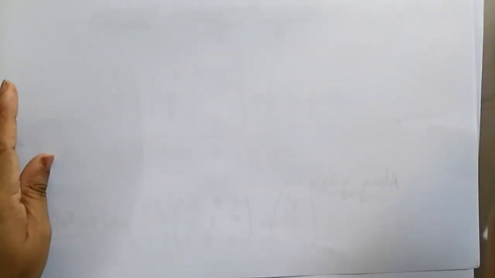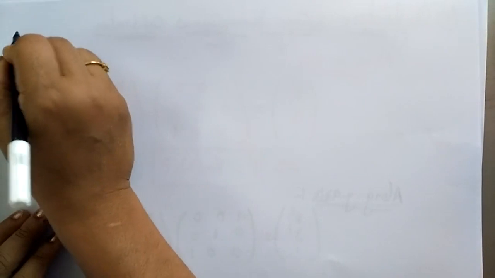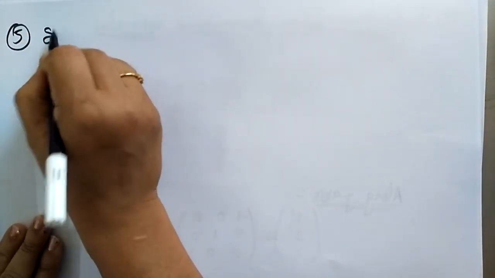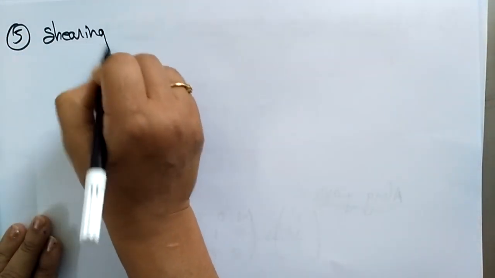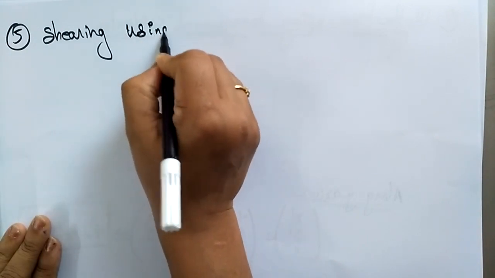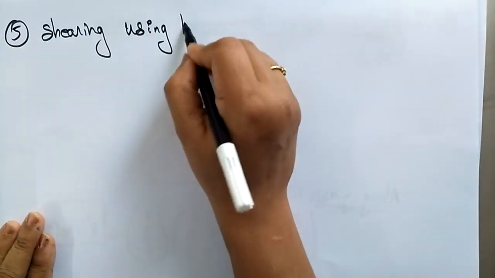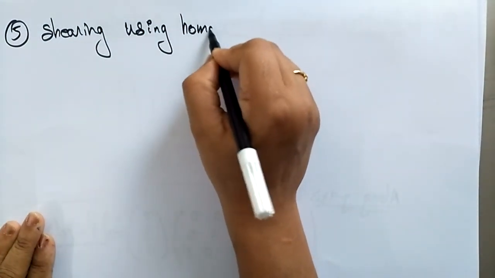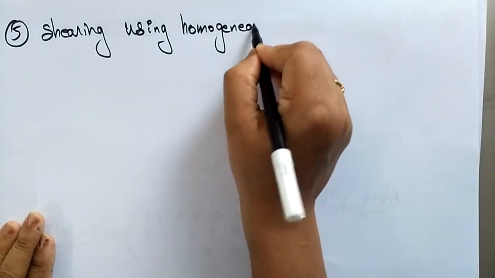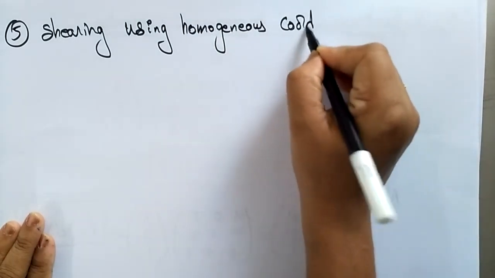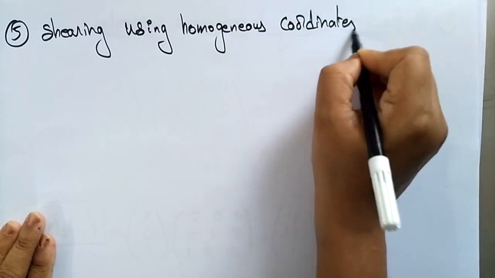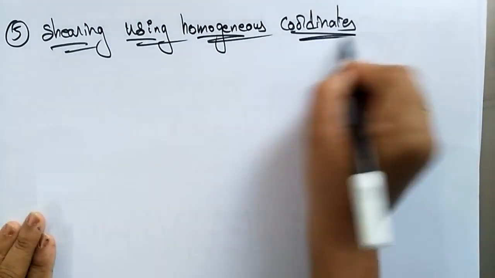And the last one is shearing. Let me write the fifth type of transformation in 2D: shearing using homogeneous coordinates.